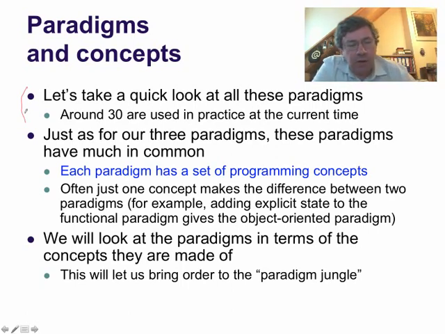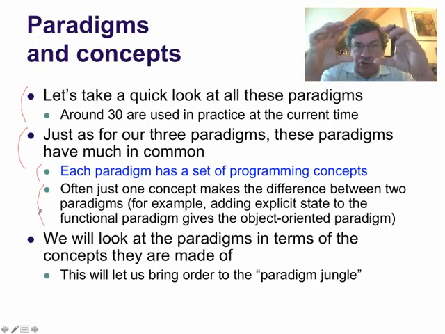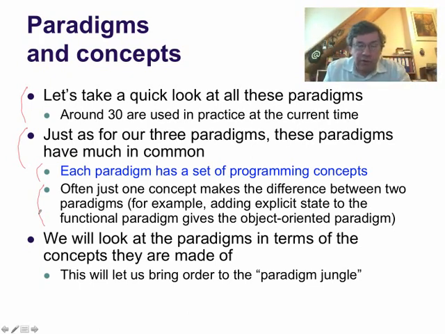So all of these paradigms, all 30 of them, have in fact much in common. Each one is based on a set of concepts, and it has a kernel language. And in fact, often just one concept makes all the difference. Like what we saw in the course, starting with functional, adding either cells or threads gives you a whole different way of thinking about programs.